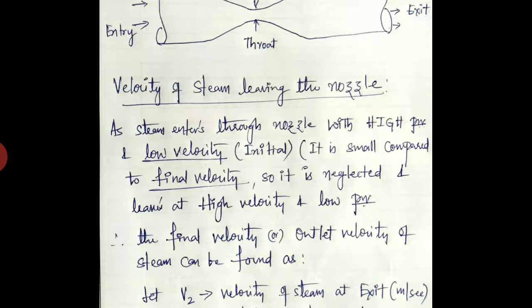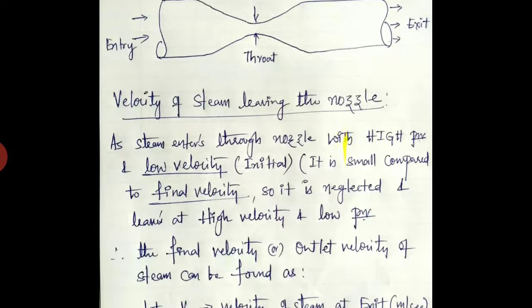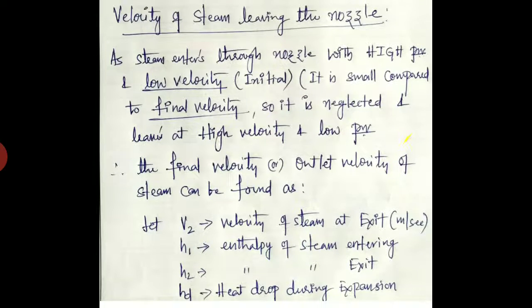V1 is the velocity at the inlet and V2 is the velocity at the exit, P1 is the pressure at the inlet and P2 is the pressure at the outlet. The steam enters the nozzle with high pressure and low velocity, the initial condition being P1 and V1. So V1 will be very small compared to V2 and can be neglected, and the steam leaves at high velocity, so only V2 is considered here.